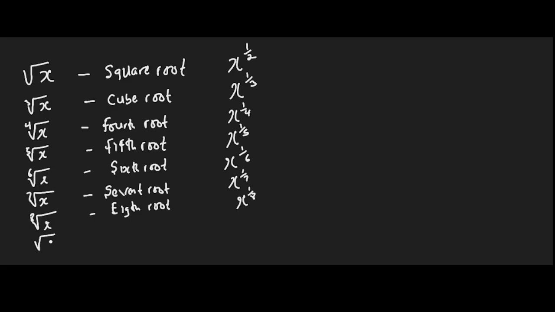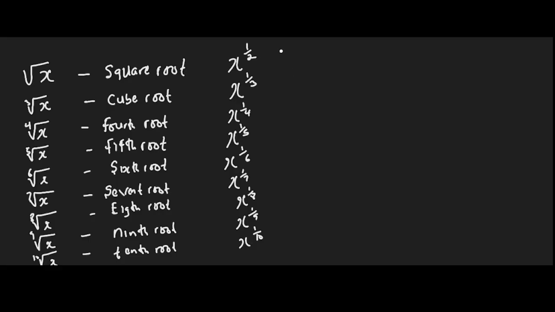If the index is 9, we call it ninth root, which is the same thing as x raised to power 1 over 9. And if the index is 10, we call it the 10th root, and that means x raised to power 1 over 10.